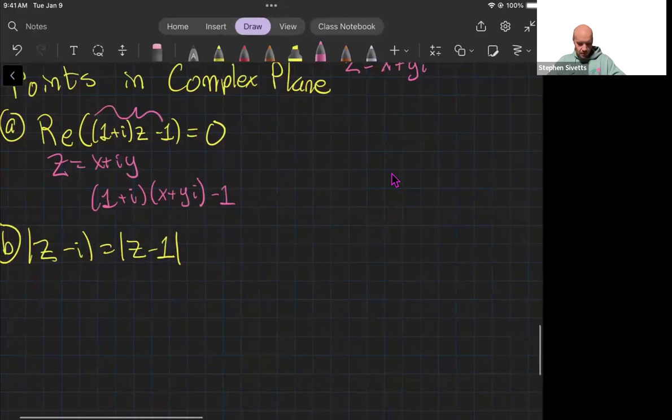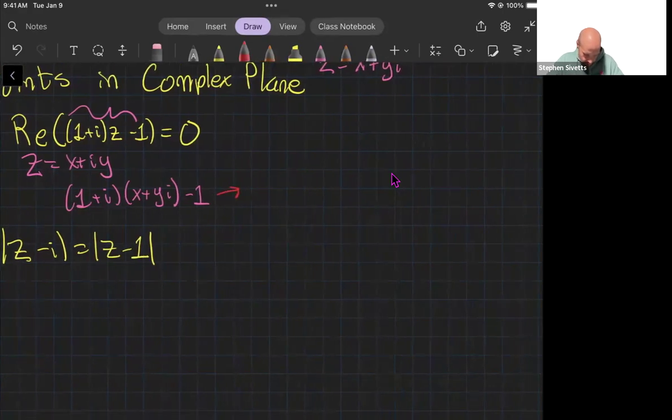We want to figure out the real component of this number. So we want to use the FOIL method and combine like terms. If we FOIL out the first term, it would be x plus y times i plus x times i minus y minus 1.